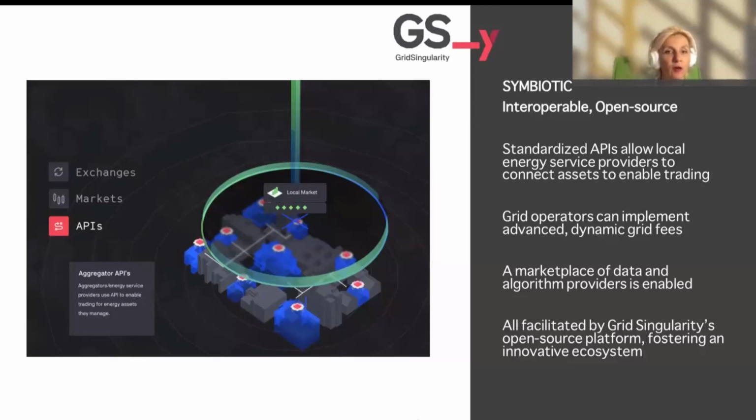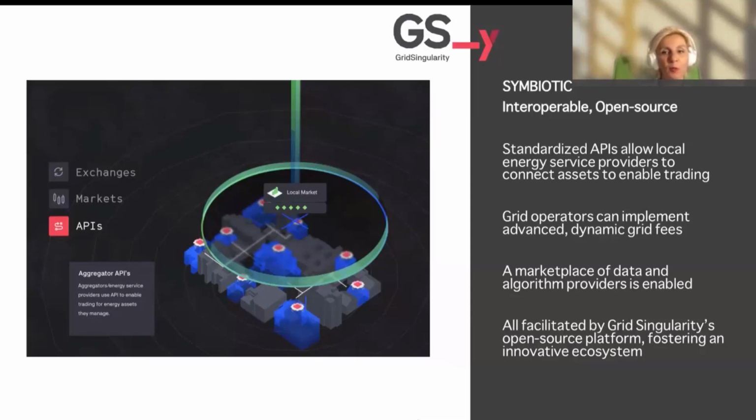Here we really offer a range of options and have already tested some of the more advanced models with different grid operators at a large hackathon in 2020 as part of the Odyssey Momentum. And we have already shown that this can work in practice. So it is a proven MVP.